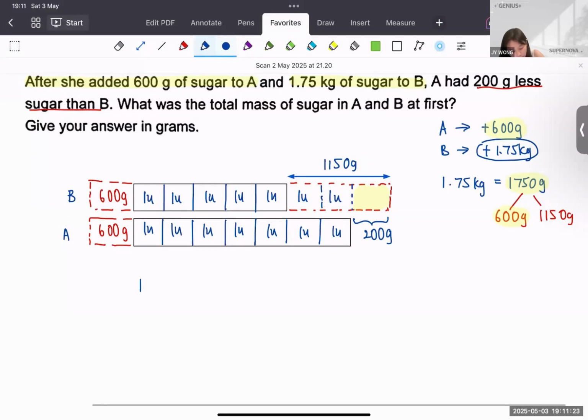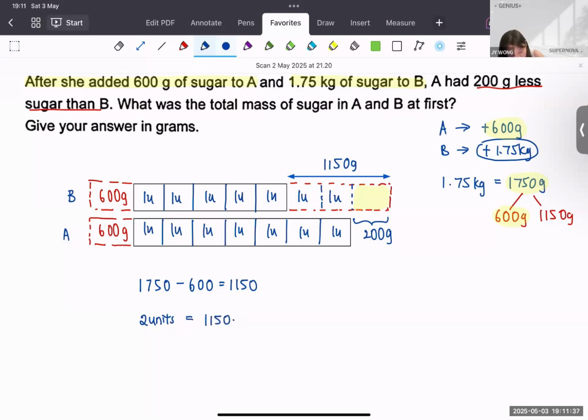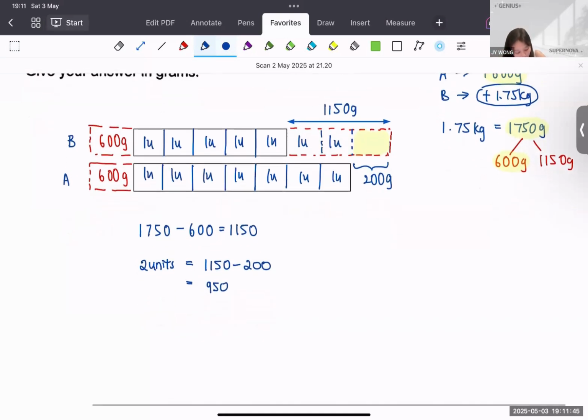The first step that we did just now is to take 1750 minus 600 to get 1150. Then I want to find 2 units, which is 1150 minus 200. That will give you 950.